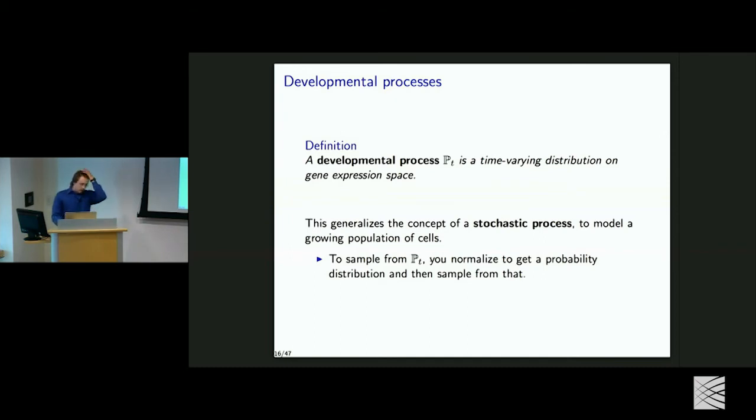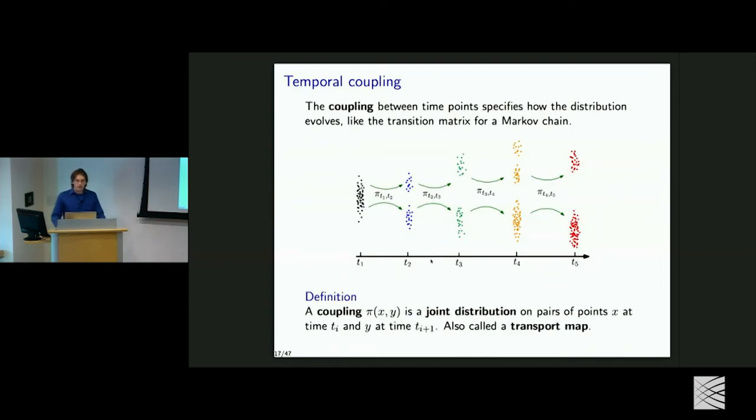So what is the most familiar stochastic process that people might think about is like a Markov chain. And a Markov chain has a transition matrix, okay? So if you're in some position at time t, where would you be at time t plus 1? This is the notion of a coupling between time points, which we heard about in the previous talk.